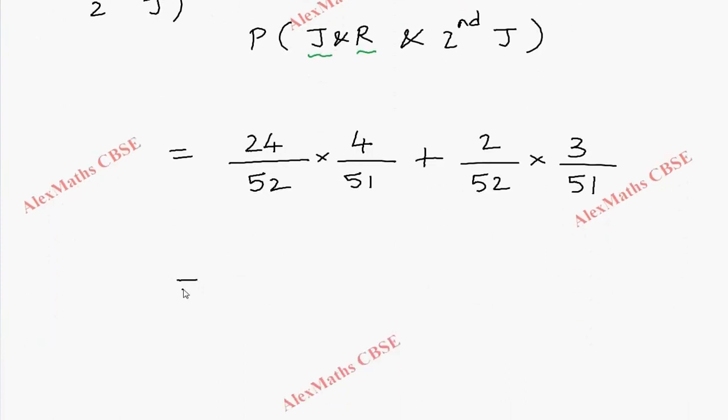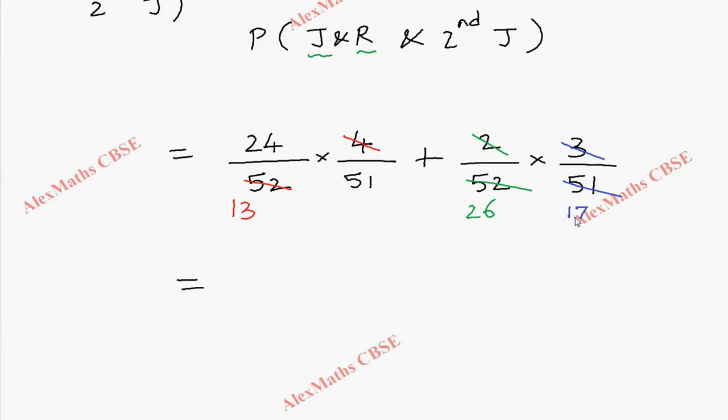Now we can simplify as much as possible. We can cancel this 4 and this 52, that gives 13 times. Here this 2 and 52, 26 times. Then this 3 and 51, 3 ones are 3, balance 2 is remaining, 17 times 3 is 51.